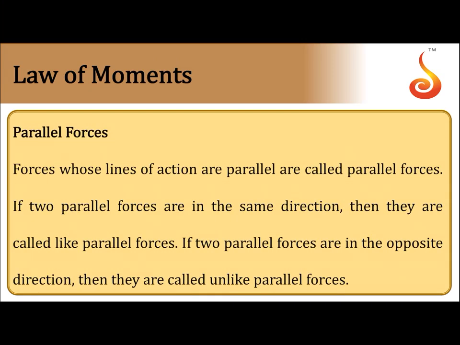Coming to parallel forces, the forces whose lines of action are parallel are called parallel forces. If two parallel forces are in the same direction, they are called like parallel forces. If they are in opposite directions, they are called unlike parallel forces.